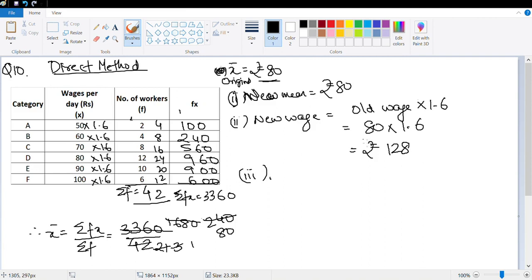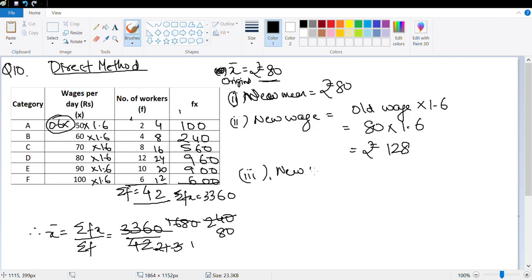The next part is, if the number of workers in each category is doubled and the wages per worker are reduced by 40%. So if you increase the number of workers, would the average wage increase? No, we've already seen that. But now they are saying that the wages are reduced by 40%, which means the new wage is multiplied with 0.6, because reducing by 40% means multiplying with 0.6.